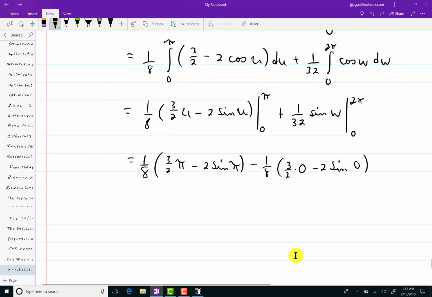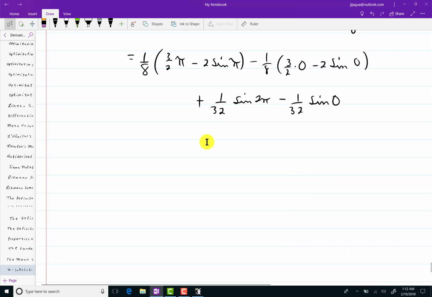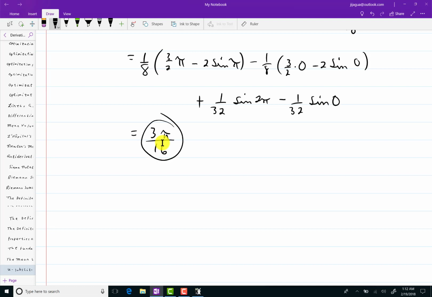And then I'll have plus 1 over 32 sine of 2 pi minus 1 over 32 sine of 0. Practically everything's 0 in this problem. Sine of pi is 0. This whole thing is 0. All of this is 0. All I'm really left with is this 3/2 pi, and there's 1/8 in front of it. So we have 3 pi over 16, and that is the end.